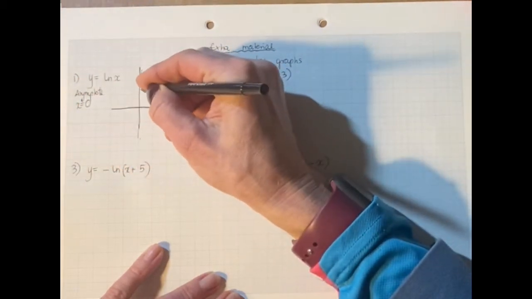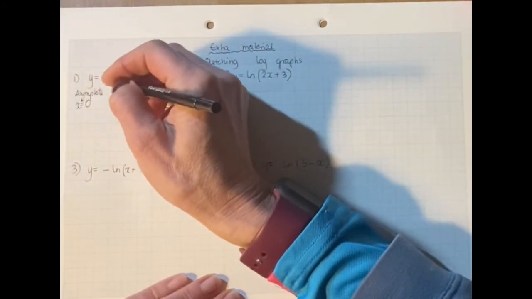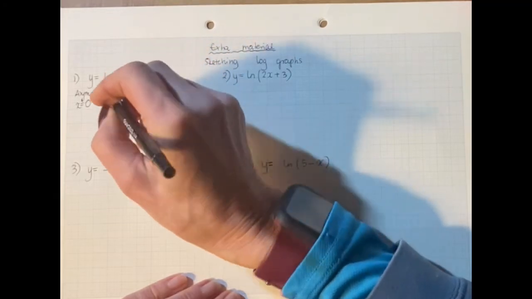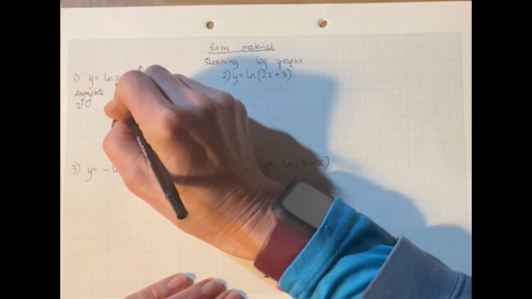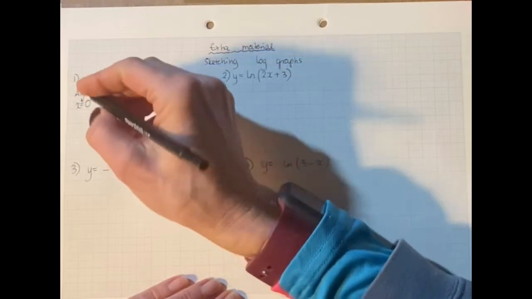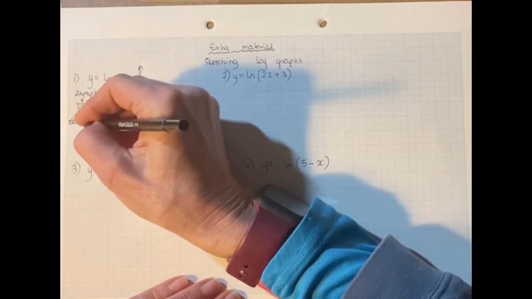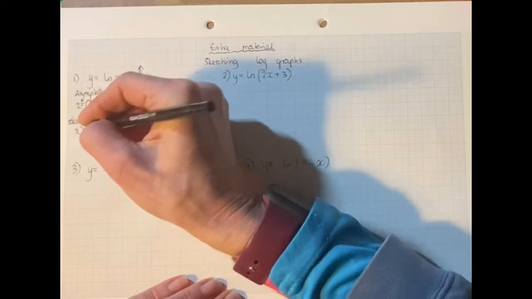So this is the y-axis. This is the asymptote. It's not defined for anything that's equal to 0 or less than 0. So the domain is x is greater than 0.